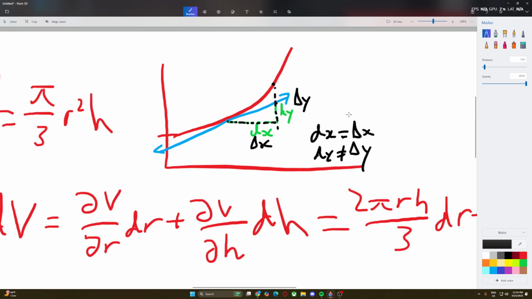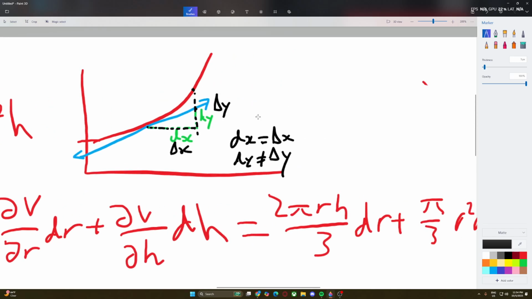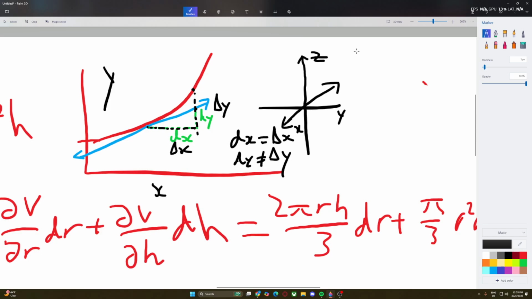Now if we extend that to 3D, the free variables x and y are their own independent variables that take whatever values they want, and the only dependent variable is z, just like how x is free and y is dependent on x.